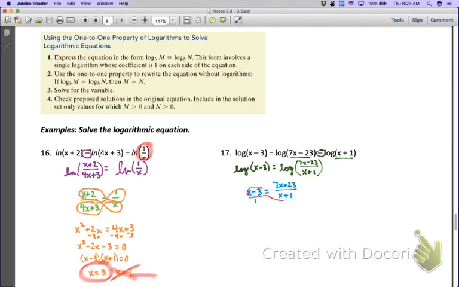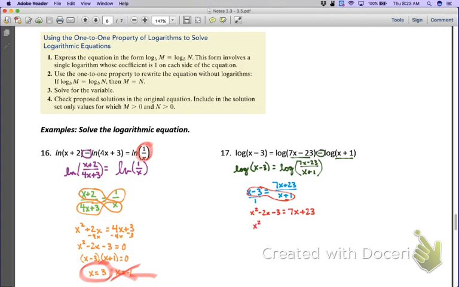Okay, do everything the same way. So I'm going to take the x minus 3 and the x plus 1. I need to multiply them. Now, it's completely up to you as far as what you want to do. I'm going to go ahead and multiply them together and have x squared minus 2x, and then minus 3 equal to 7x minus 23. I'm going to move the 7x minus 23 over to the other side.